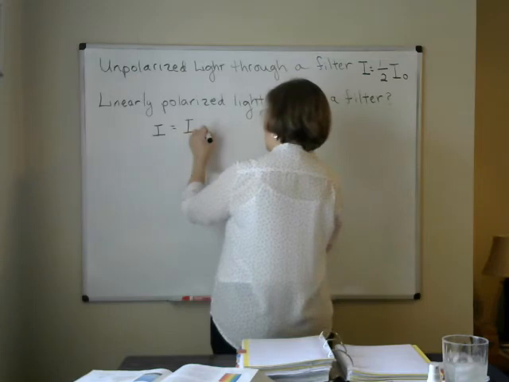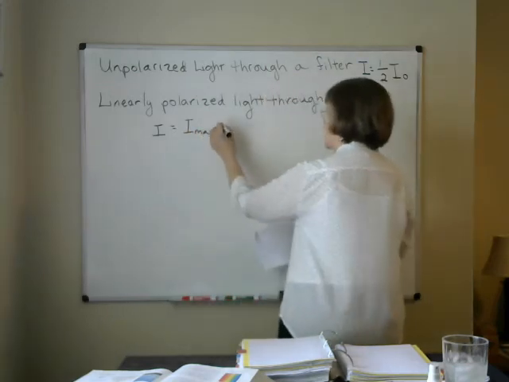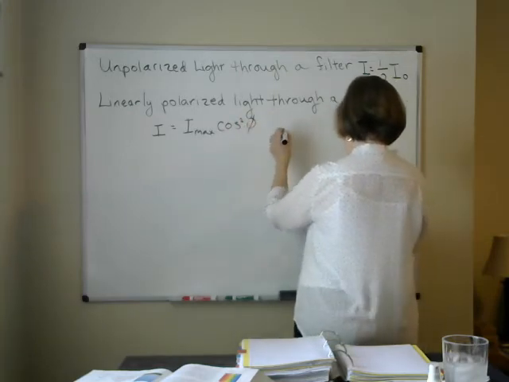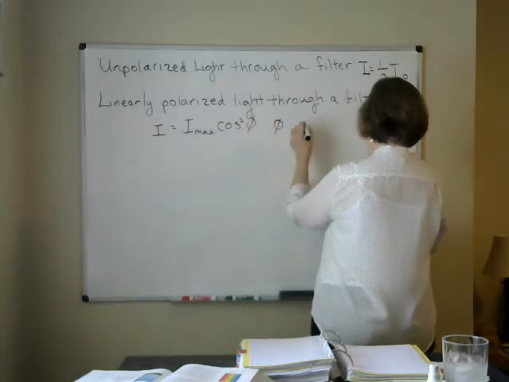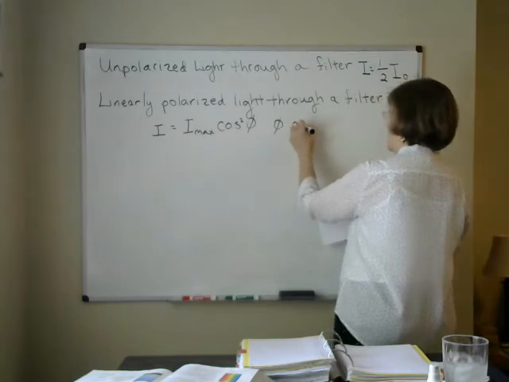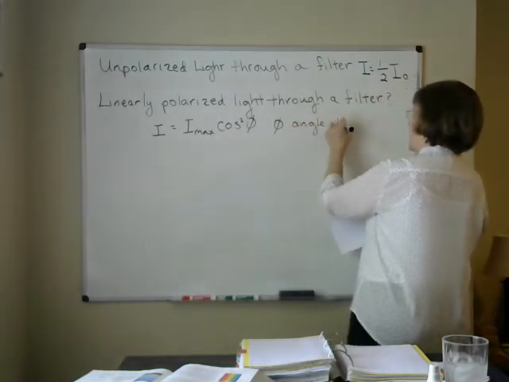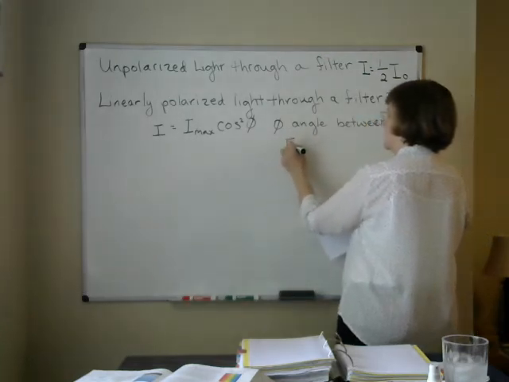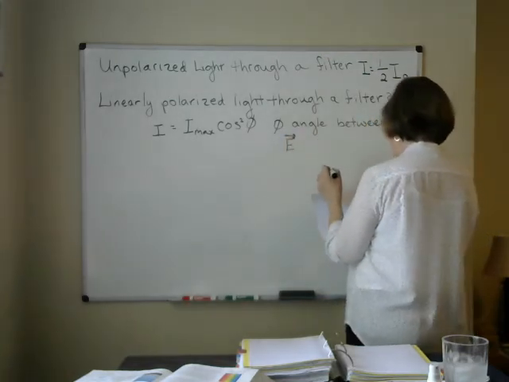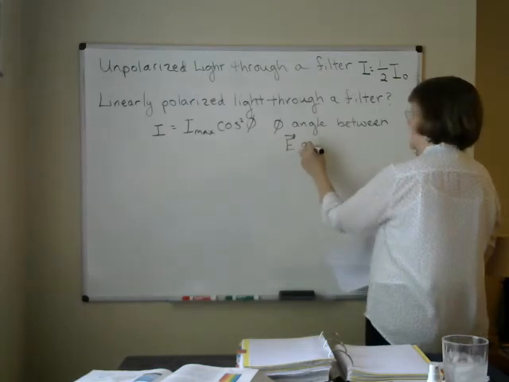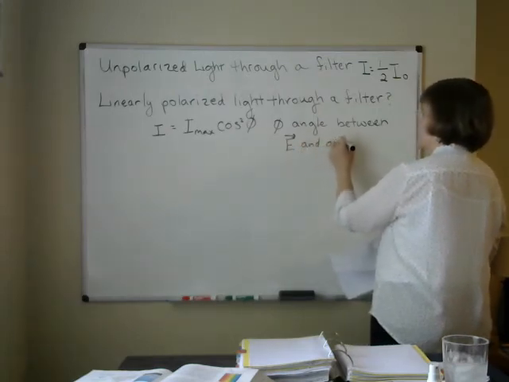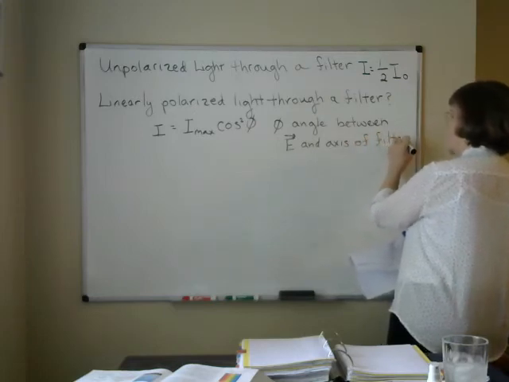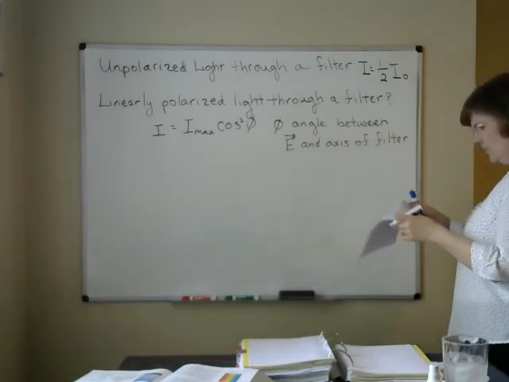It's going to be whatever the maximum intensity was, I equals I max cosine squared phi. Phi is the angle between E, that's the direction of the linearly polarized light, and what we call the axis of the filter. All polarizing filters have an axis along which they are polarized.